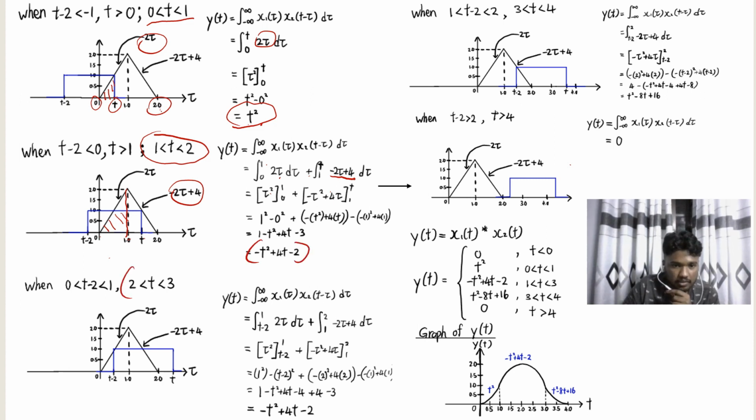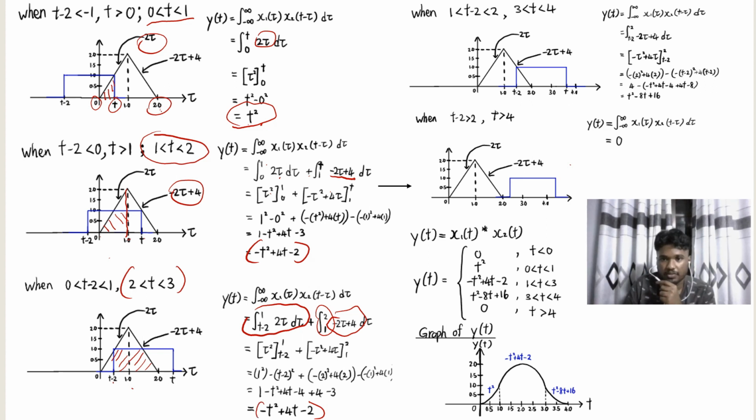Moving on to the third part, which is t between 2 and 3. As you can see, it's over here. Doing the same, from t minus 2 to 1 we integrate 2 tau, and from 1 to 2 with this function we integrate, and we obtain this function at last.